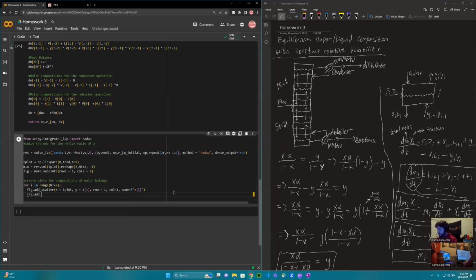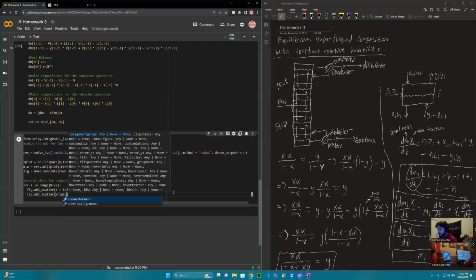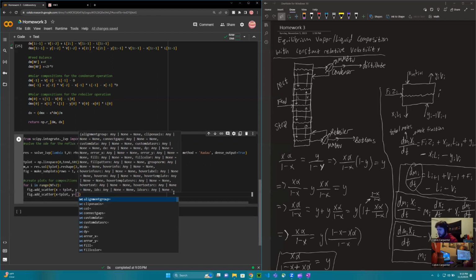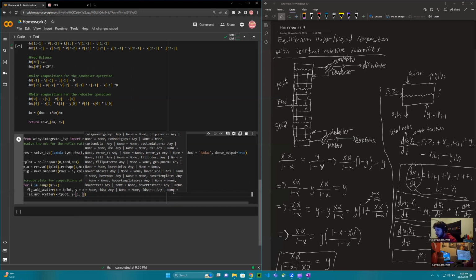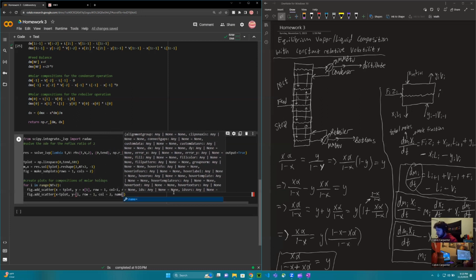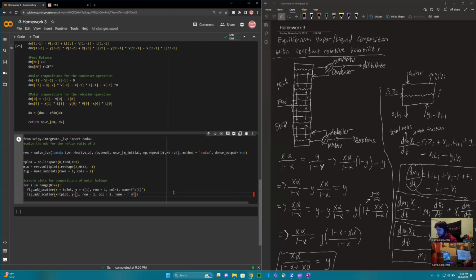Take that add_scatter, x equals T plot, comma, y equals bracket i, 0 equals 1, column equal to 2. Close bracket, close parenthesis.